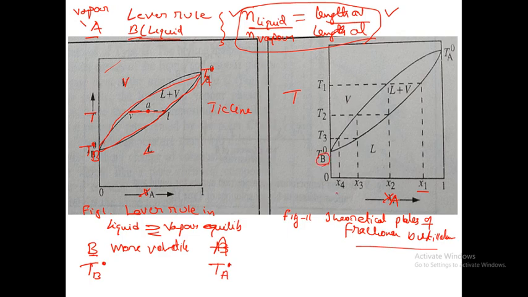Thus the vapor phase at temperature T3 is further cooled so that we can observe a pure liquid P. So that is all about the theoretical plates of fractional distillation.